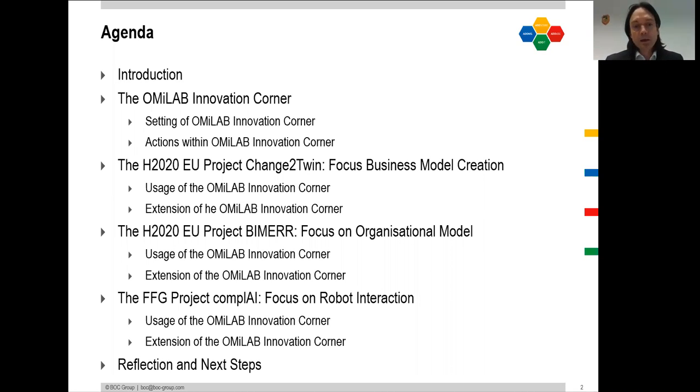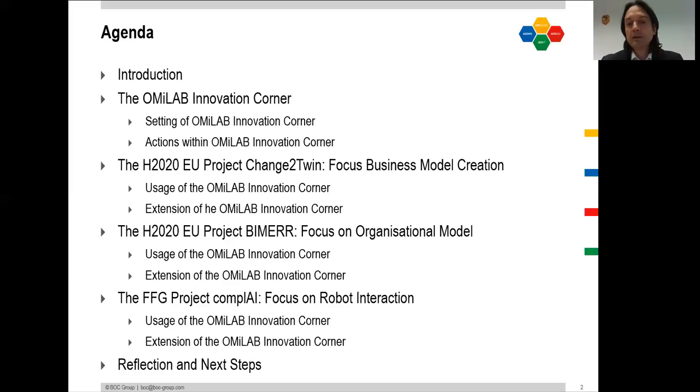Therefore, we initially set up what digital transformation is, and why we think that the OMiLAB Innovation Corner, as a modeling environment, can help in these aspects. Then we identify three layers. We identify the business layer, which we address with the result of an EU project called Change to Twin, where the OMiLAB Innovation Corner supports the modeling of business models.